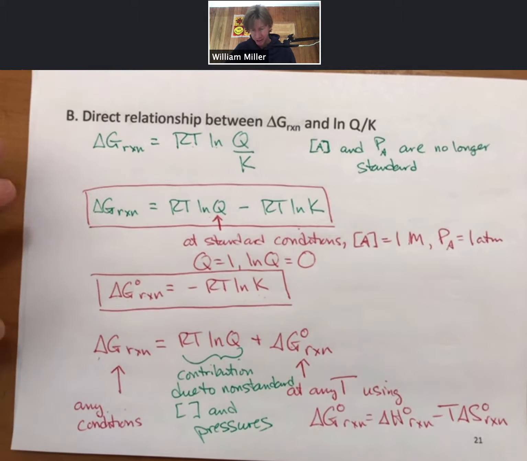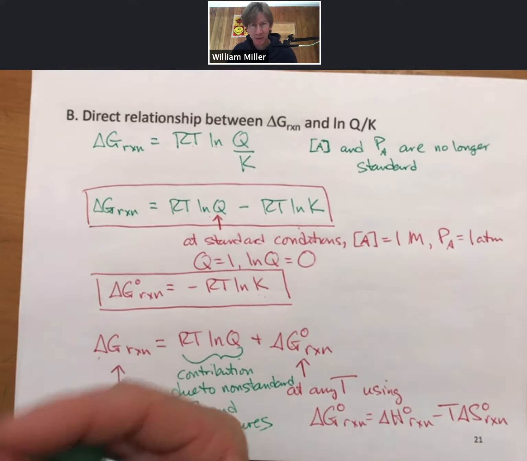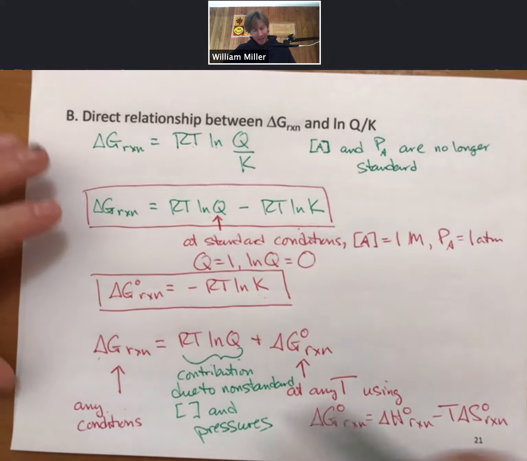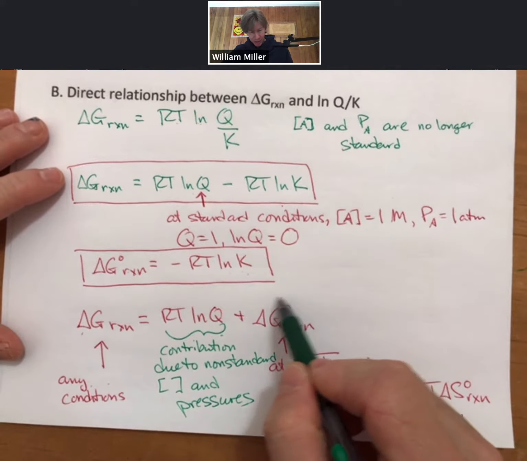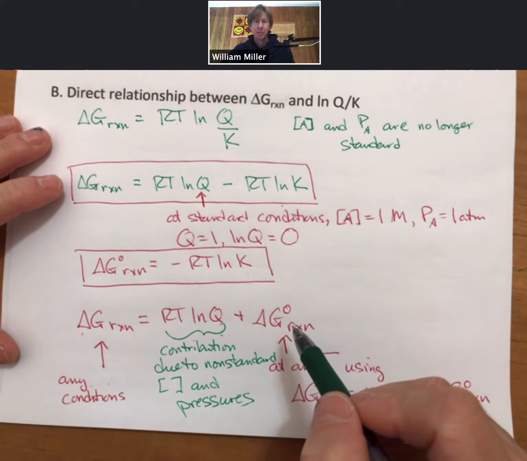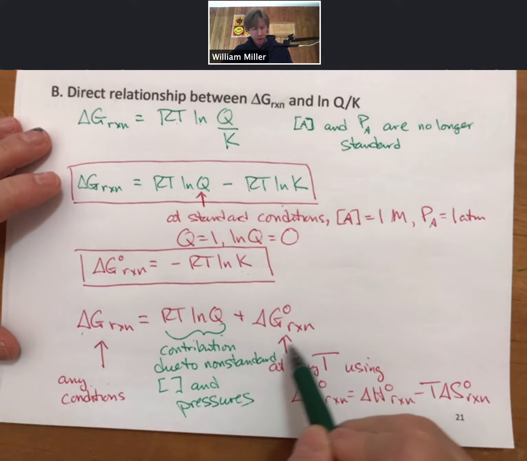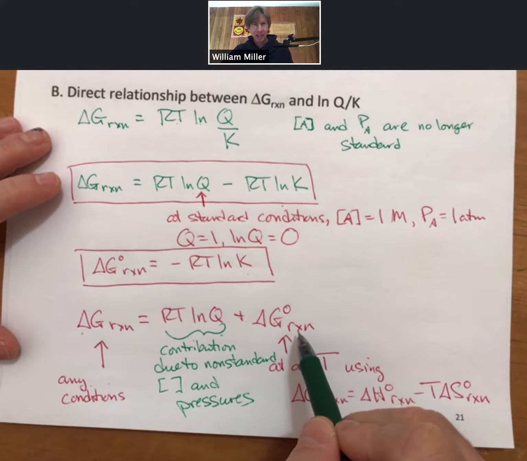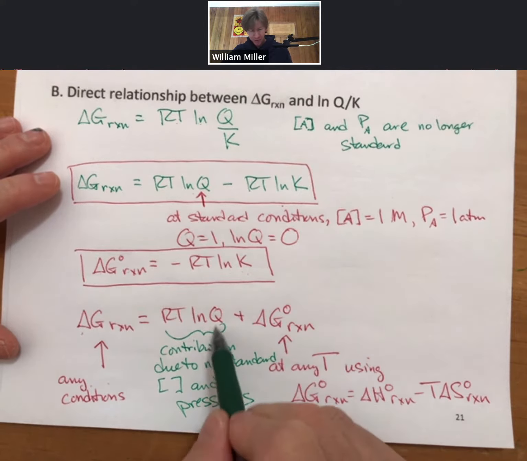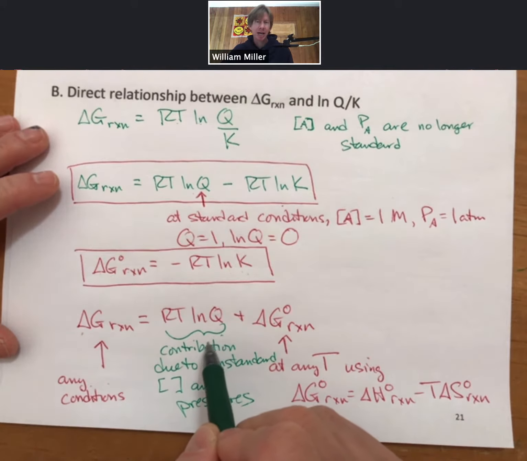Now we can figure out delta G. We can figure out whether a reaction is spontaneous under any set of conditions we're given. And it is true that you can think of delta G naught reaction as the big term here, meaning that this is the coarse adjust. You choose this part, and then if you want to change the fine details of delta G, you can change the operating conditions.